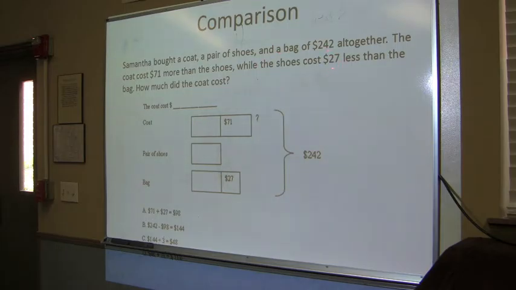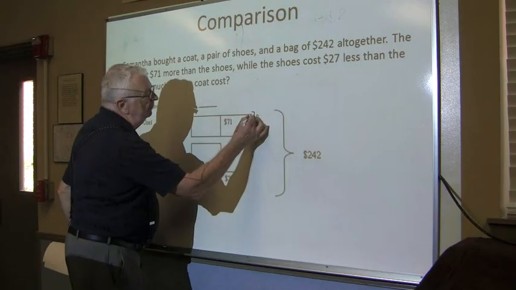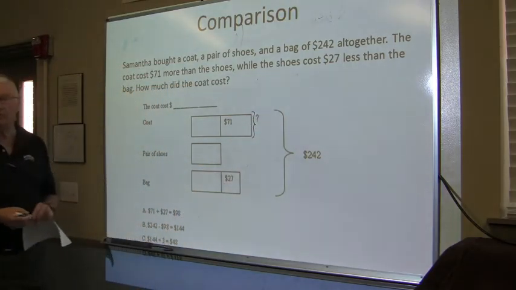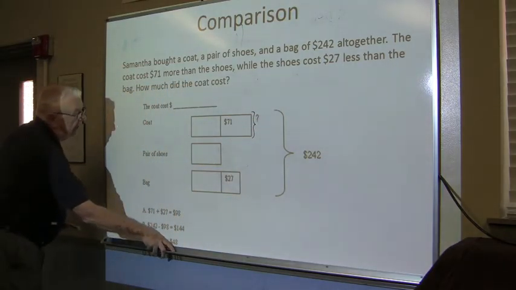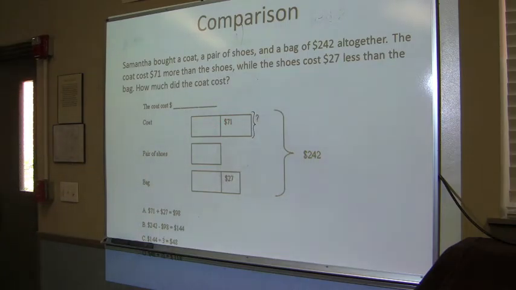So while the shoes cost $27 less, the bag costs $27 more than the shoes. So we put that in there. And again, we're looking for the coat cost. So we put our question mark here, and this should actually have a bracket, meaning that it includes all of the cost: the unit here plus the $71.